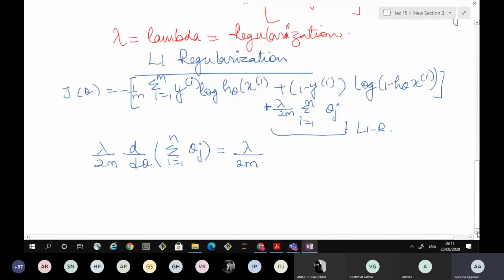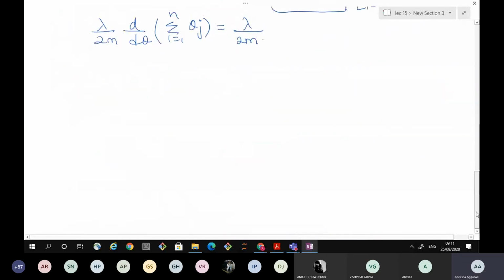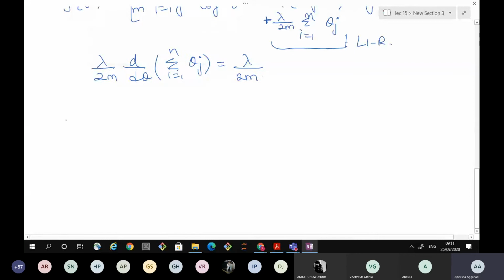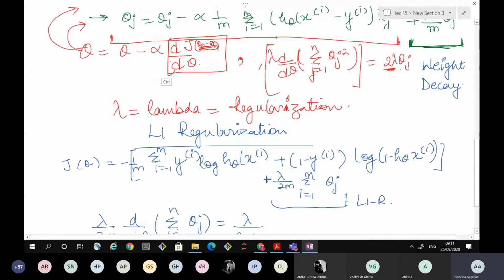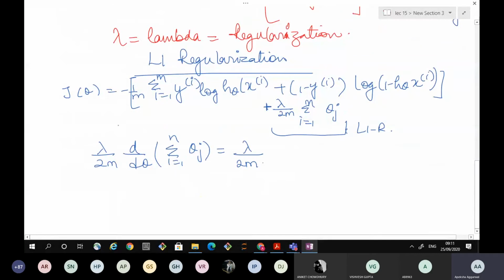Now, how to set this value of lambda? Suppose I am choosing lambda.